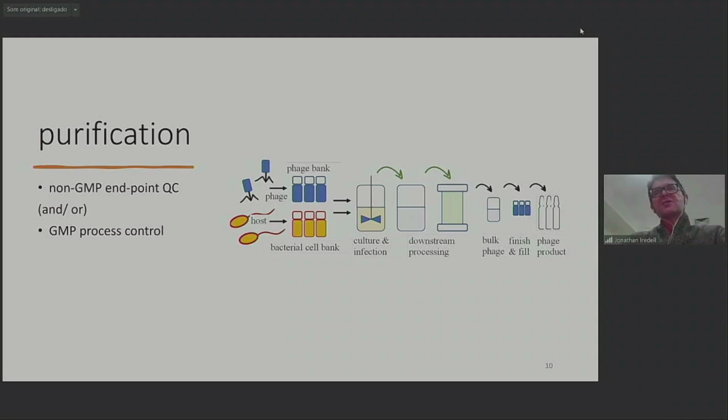And so if you are unable to purify that product well, you risk introducing bacterial components, including very inflammatory components such as cell wall components, lipopolysaccharide, into your therapeutic product. And clearly you don't want to give someone a phage preparation that contains bacterial cell walls that might induce a strong inflammatory response. So the purification process is important.